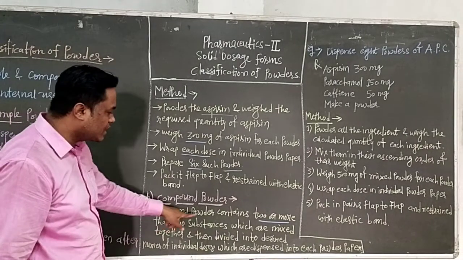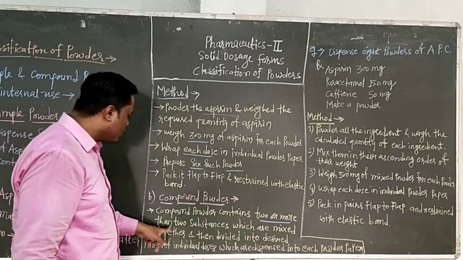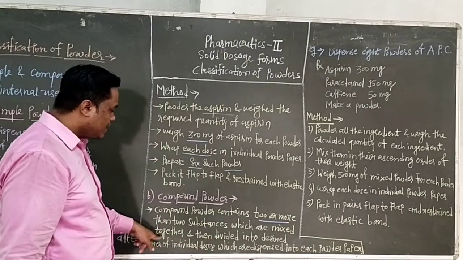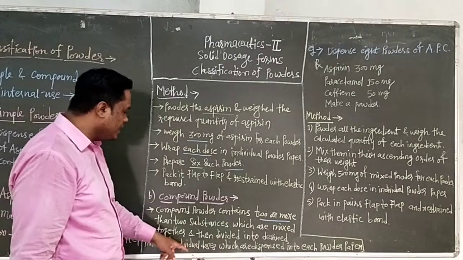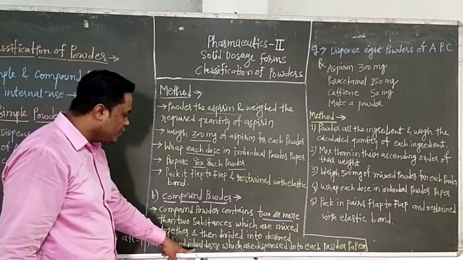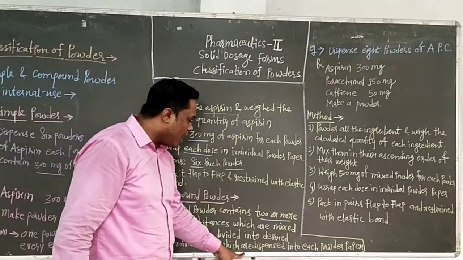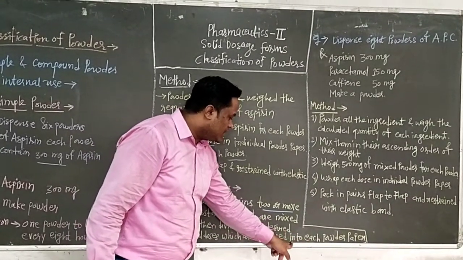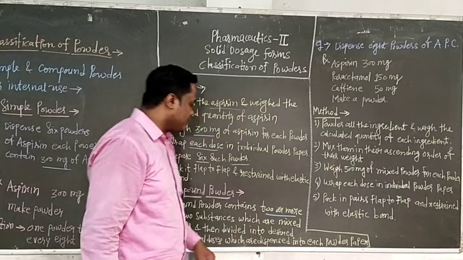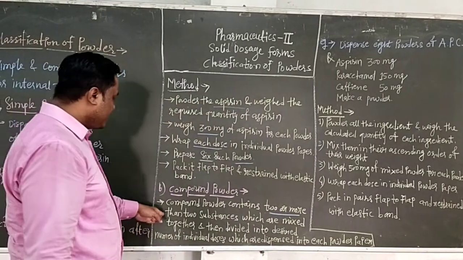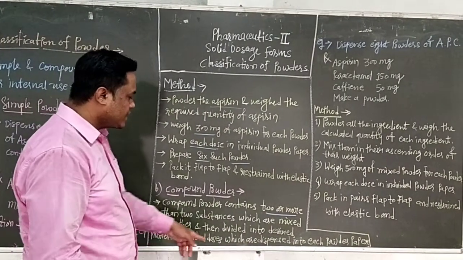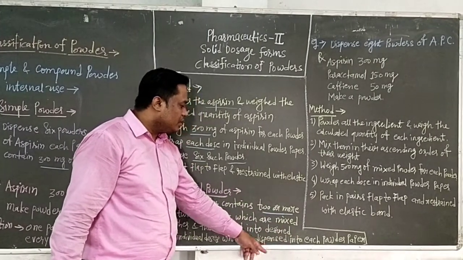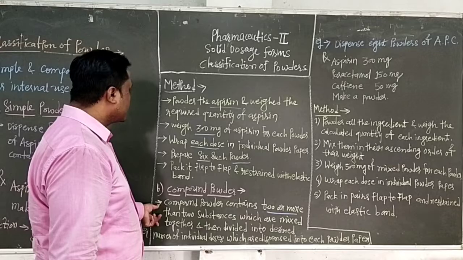Compound powder contains 2 or more substances which are mixed together and then divided into the desired number of individual doses which are dispensed into each powder paper. This is called the compound powder.